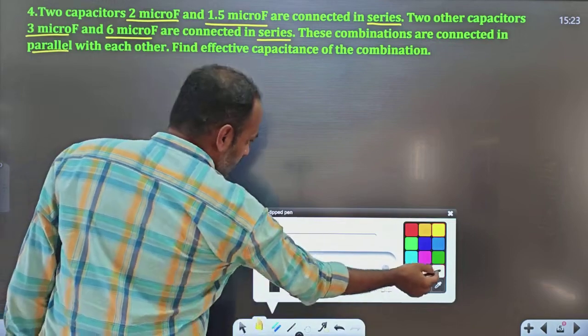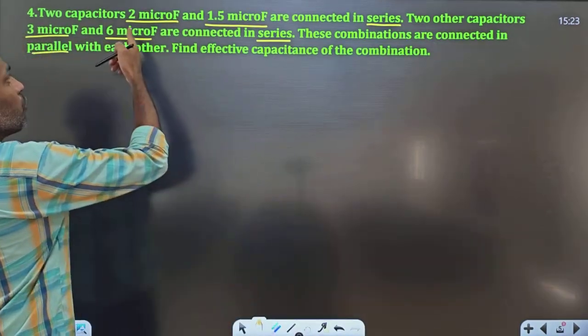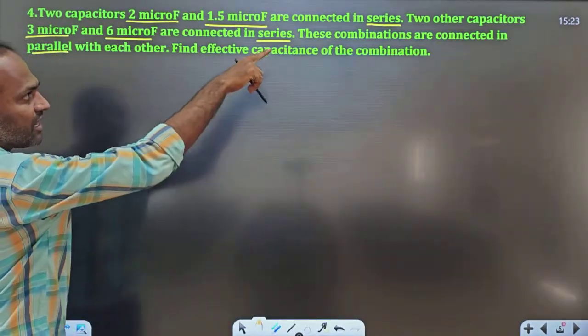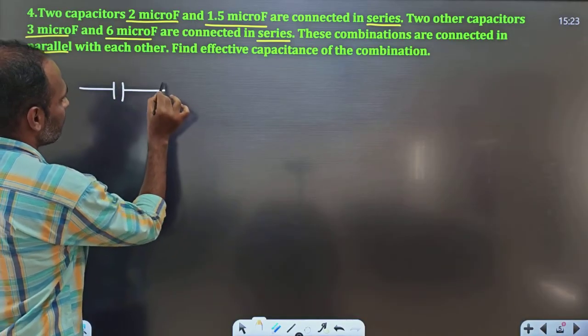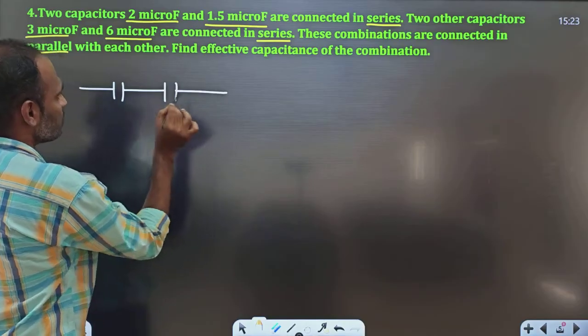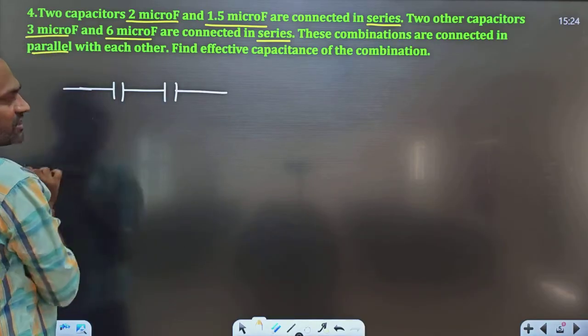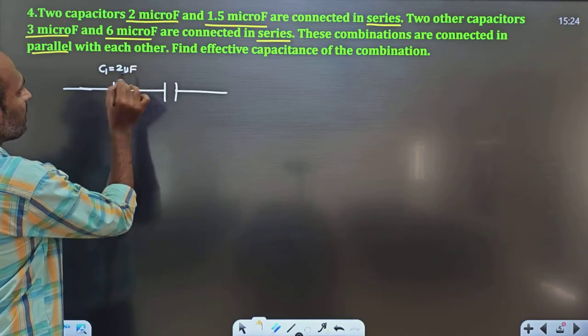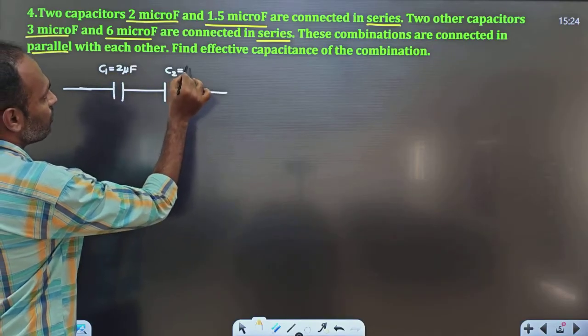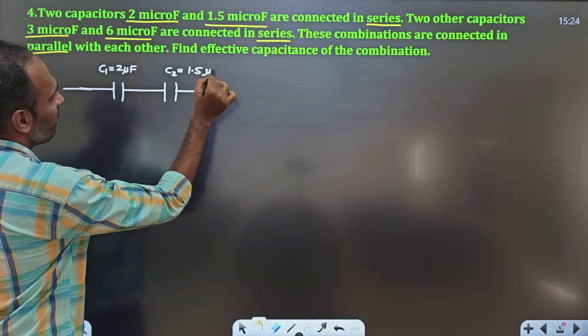Okay, so see here, first there are two capacitors, 2 microfarad and 1.5 microfarad, connected in series. This is the first capacitor, this is the second capacitor, both connected in series. So C1 is equal to 2 microfarad, C2 is equal to 1.5 microfarad.